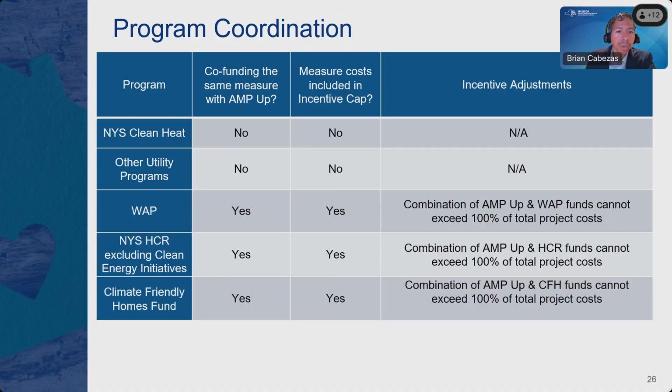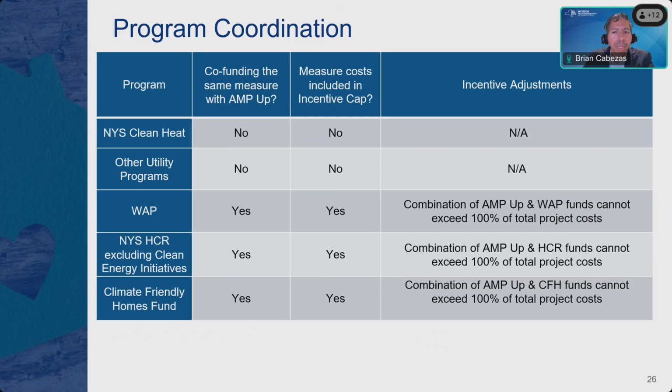So I know we got a couple questions already regarding program coordination and layering of funds with other program funds. So we know it's challenging to navigate how various state and utility programs all articulate with each other. This table is intended to help provide some helpful guidance.